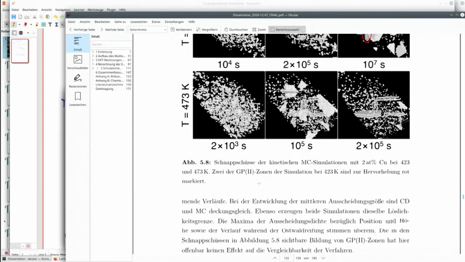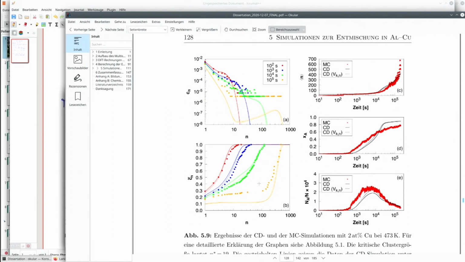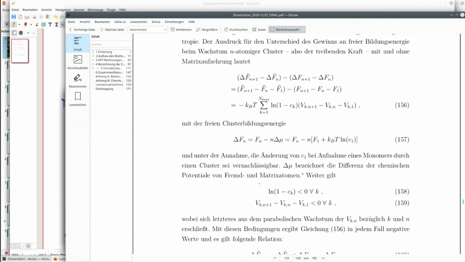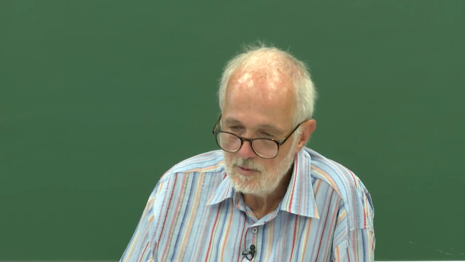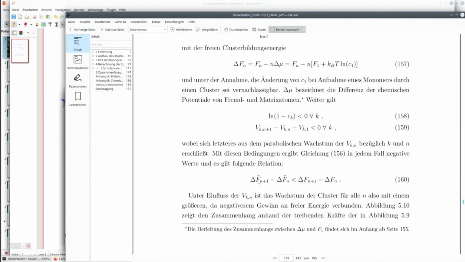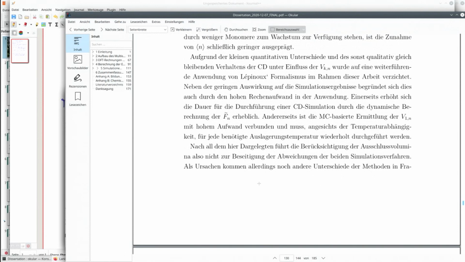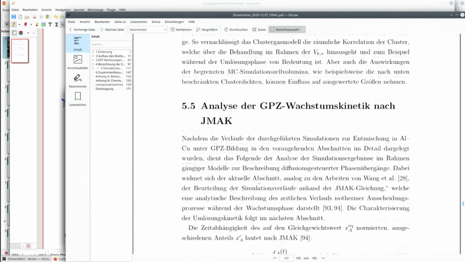So you can take all information, like in any Monte Carlo simulation, out from such simulations. The only drawback is that since the interaction model is much more complicated, as we had before, the system size and the time you can cover is more limited than in standard Monte Carlo. That's why he also tried this cluster distribution kinetics.